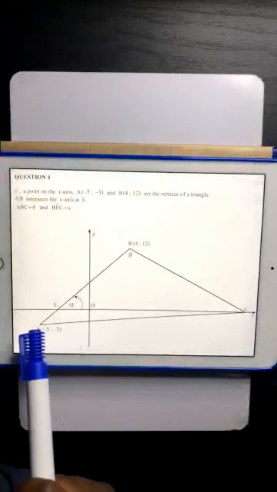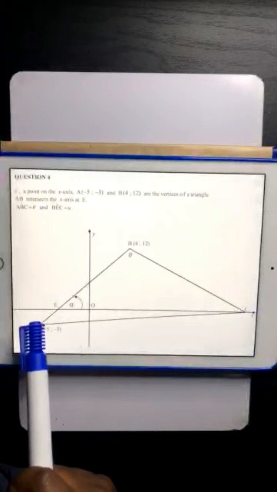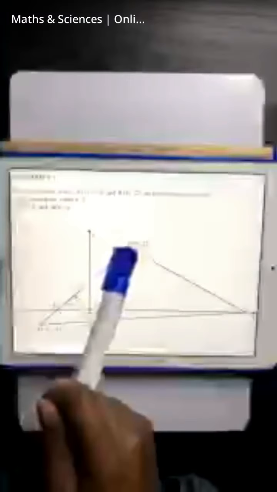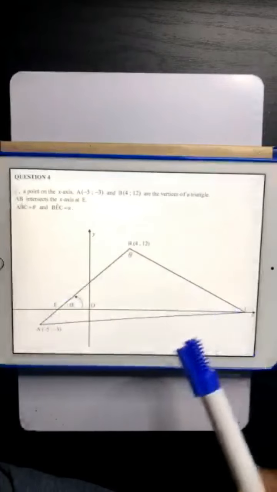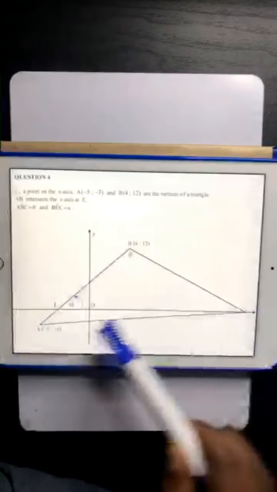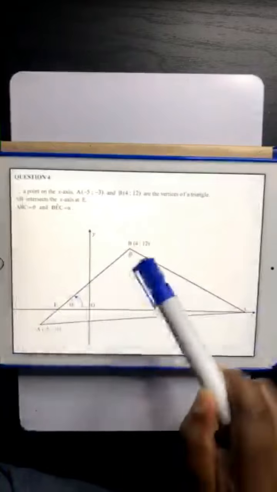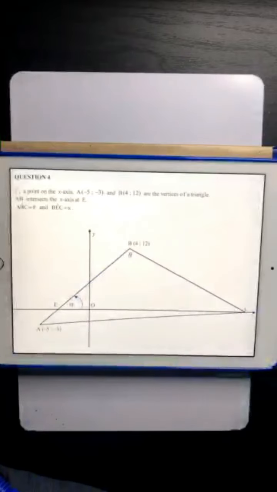There is A. A and B are the vertices of a triangle. There is B. So can you see a triangle has got 3 points, 3 sides? Angle there, angle there, angle there. So we also have some angles over there.